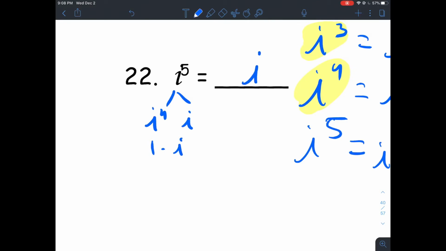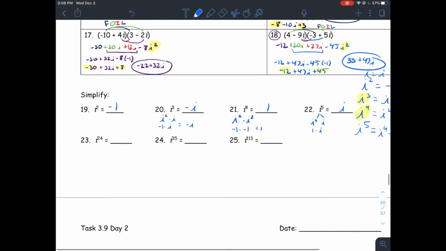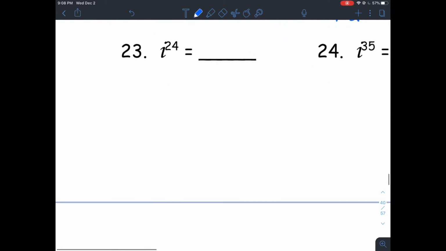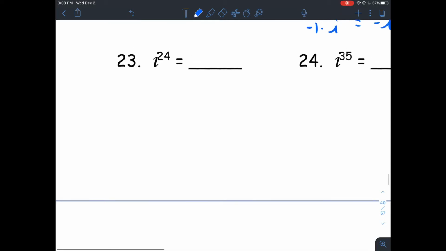All right. So now let's try these other ones down here. And bear with me, you'll start to see a pattern. What you want to do is try and break these down into i squared, i to the 3rd, or i to the 4th. Now, i to the 4th is kind of the most useful one, because that just breaks down into 1.